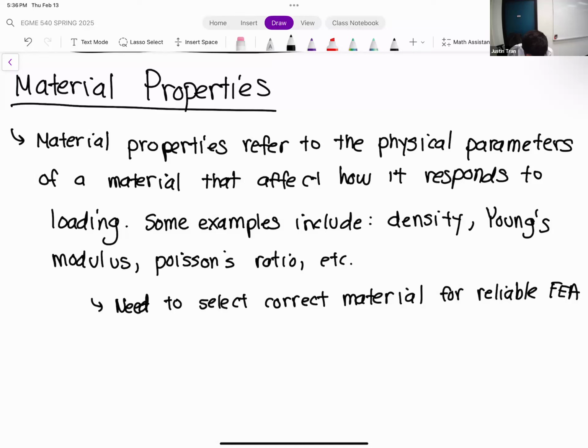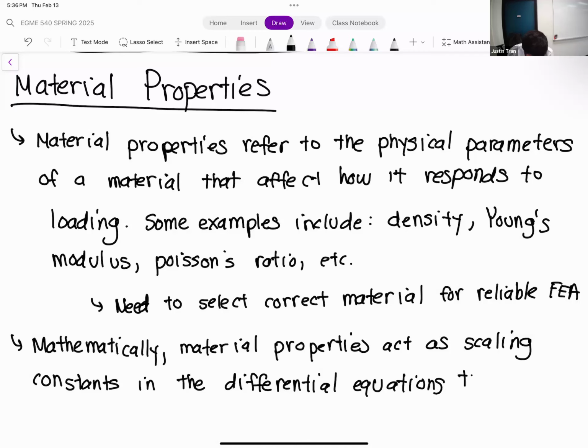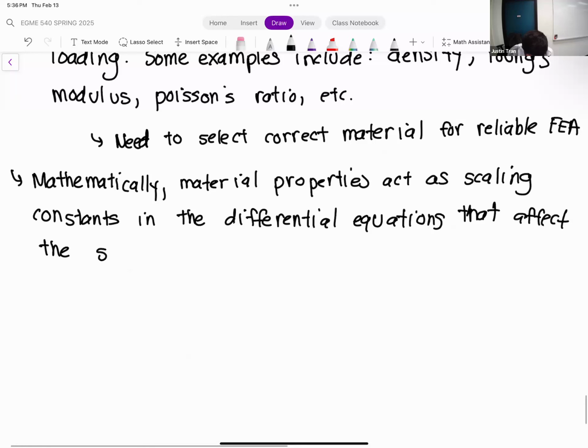They scale different terms in the differential equations, and that causes the solutions or the results to have different behavior. So that's how they affect our solution.